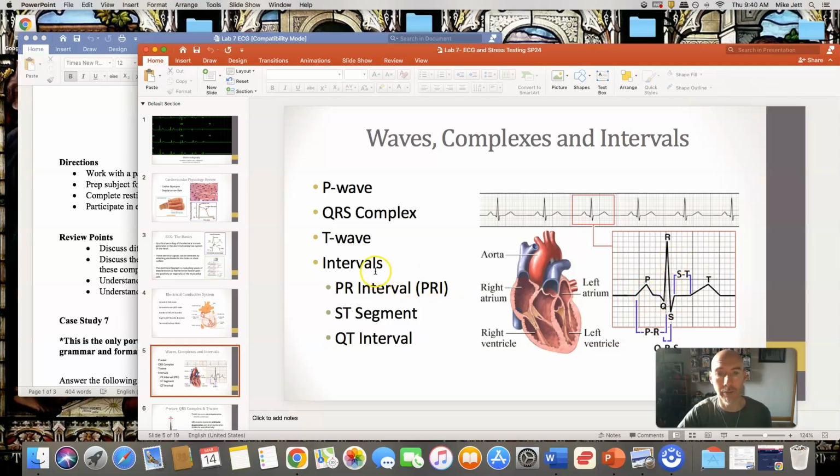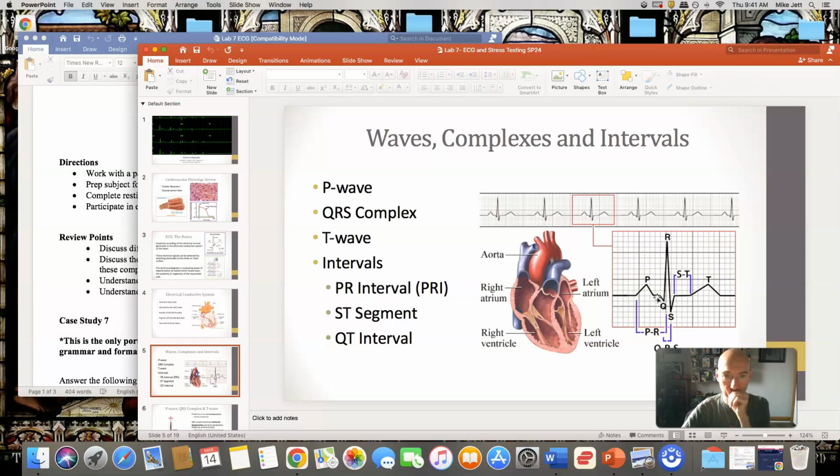Okay. Then the different intervals, which are useful to know. The PRI, which is from here to the R, represents the entire time that blood is moving from the atria to the ventricles. What is not listed here is the PR segment, which is this segment right here.